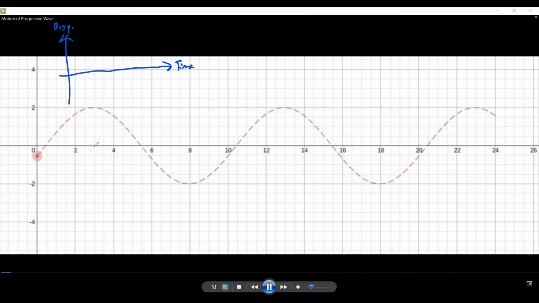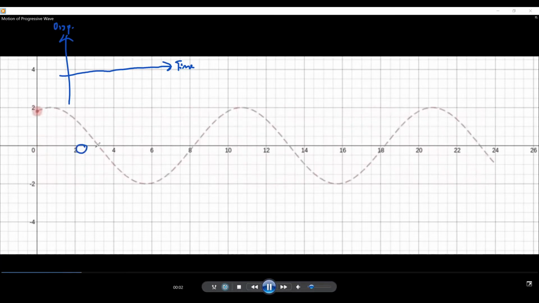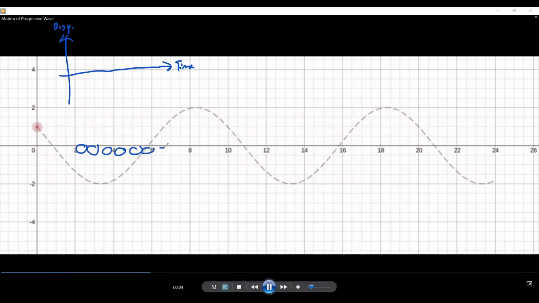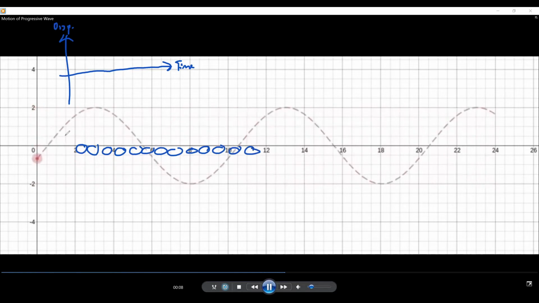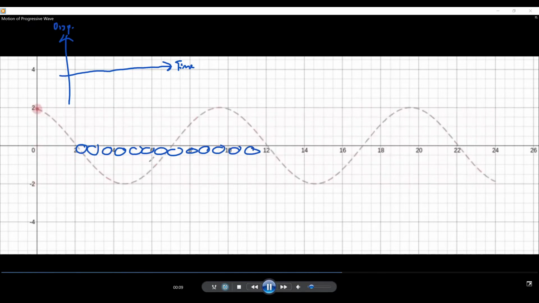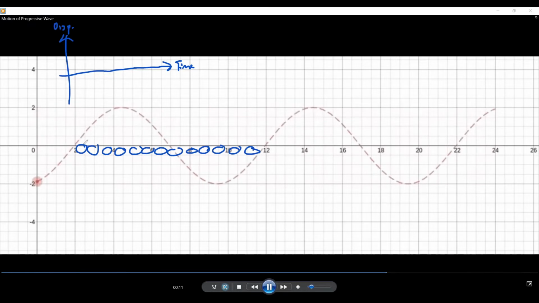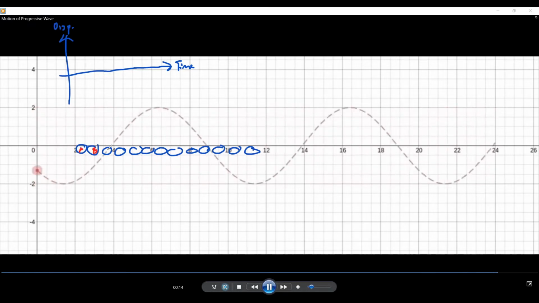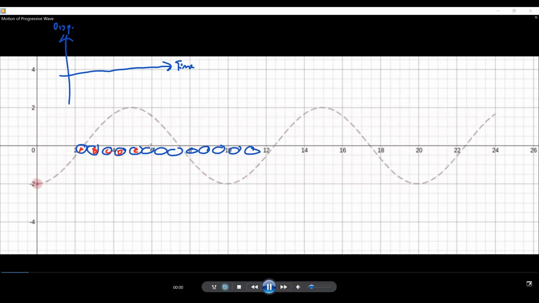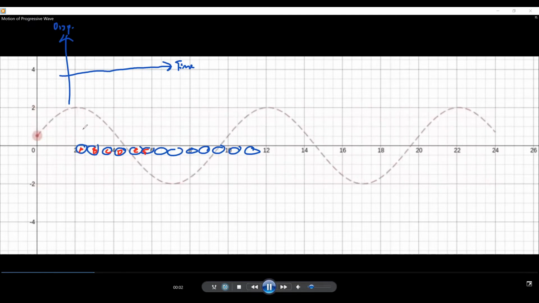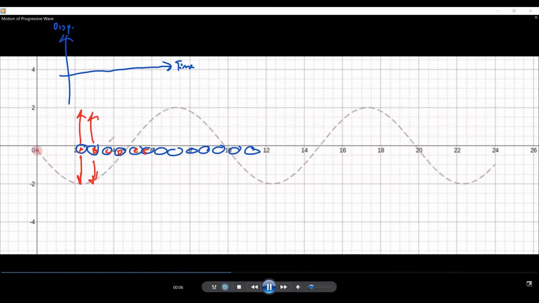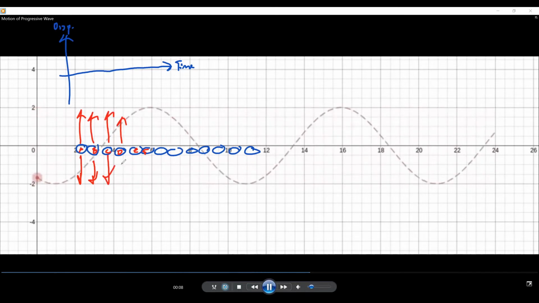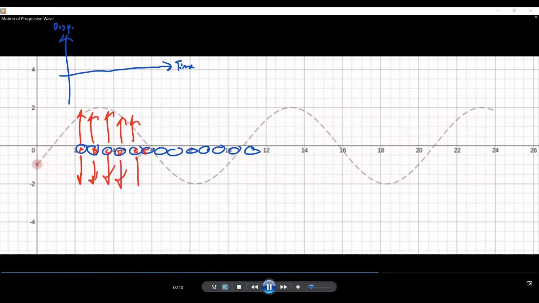So just now I mentioned to you that this wave here could have particles originally at the equilibrium position like this. And then when the wave travels through, each of these particles, A, B, C, D, E, and F, will just vibrate up and down. So this one will go up and down. C, D, E, and F will go up and down.